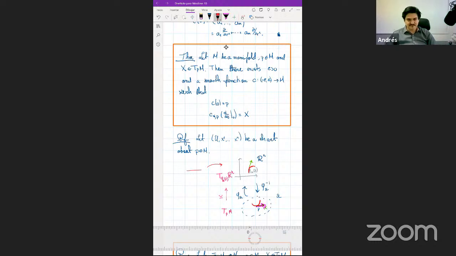Okay? So you solve the problem upstairs on Euclidean space, and then you push it down on the manifold using the chart map, phi of u. Okay.